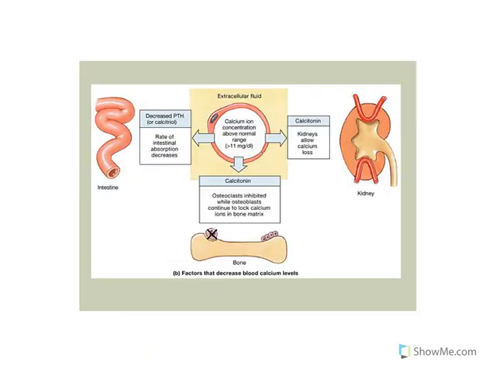Now the other scenario is, what if blood calcium levels are too high? You see this hormone here, but I'm going to downplay it right now. In an adult, calcitonin does not play a huge physiologic role. Calcitonin is a hormone produced by the thyroid gland.